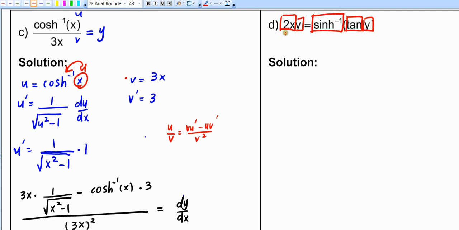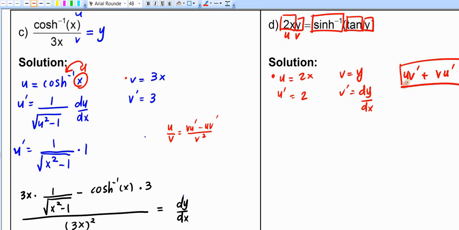Yes, because you have u times v, 2x times y. So u equals 2x, v equals y, u prime equals 2, and v prime equals dy dx. The formula for the product rule is we always start with u v prime plus v u prime.